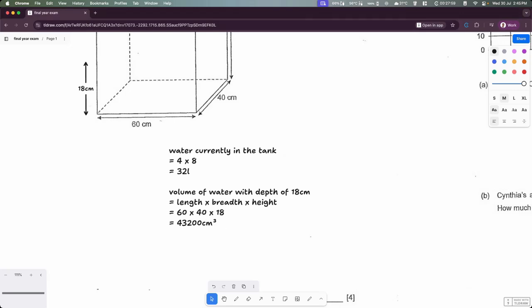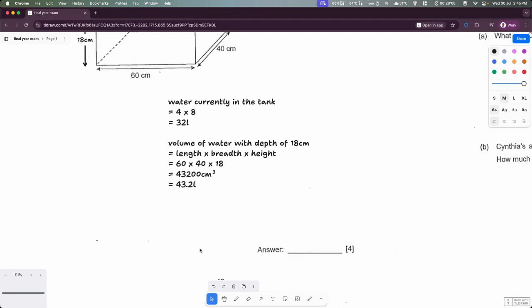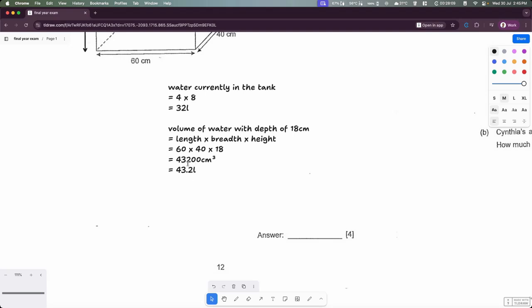We need to change this into liters, which is 43.2 liters. How do we know that? 43,200, and because of liters, we need to divide it by 1000, and this will give you 43.2 liters.